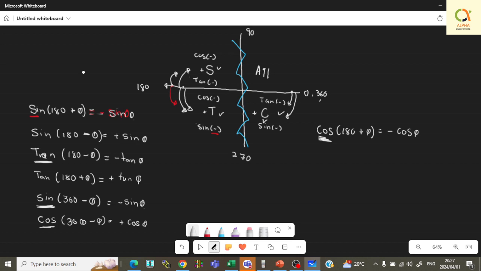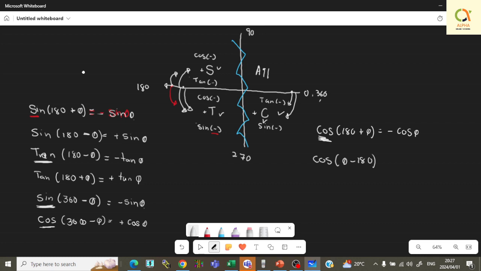But now here is a trick. There's a trick that they always give you in a test, so I just want us to address that. Let's say they gave you something like this: cos of theta minus 180 degrees. One thing you need to know is your reference angle should never be negative. The reference angles I'm talking about are these angles: 0, 90, 180, and 270. My reference angles should never, by any chance, be negative.